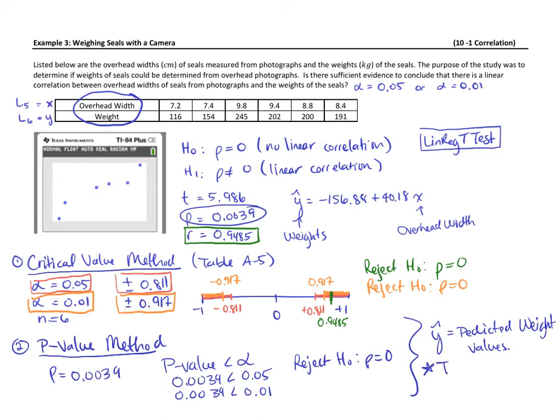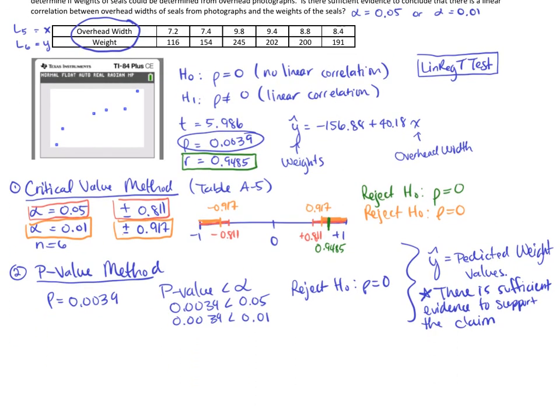We would say there is sufficient evidence to support the claim of a linear correlation between a seal's overhead width and weight.